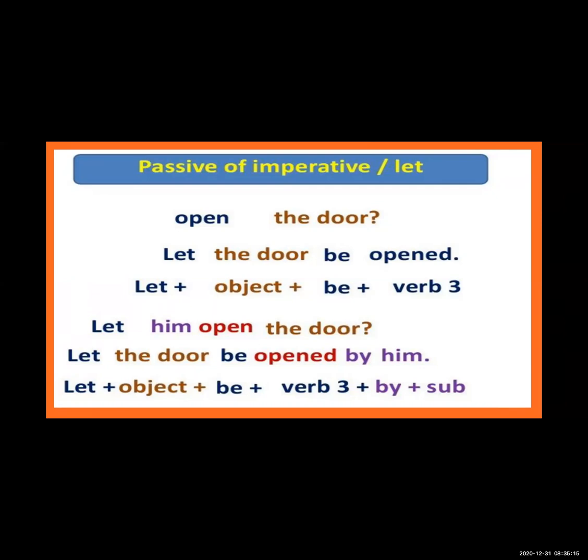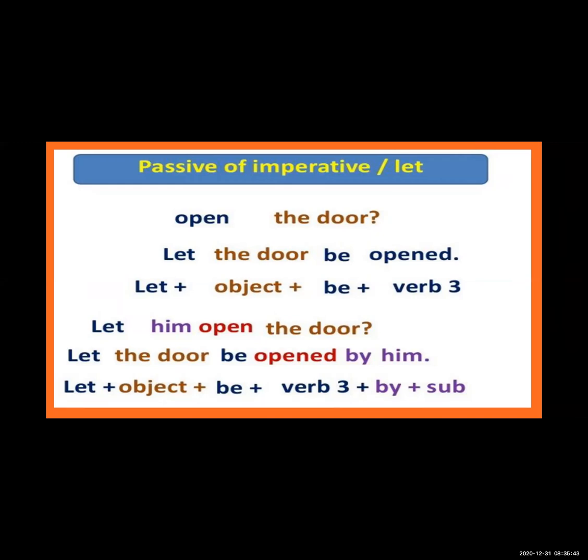We have seen the formula also, let plus object plus be plus verb 3. The next one, let him open the door. Let him open the door. Now how we will convert this sentence? Now again see here, let will be there as it is. Let the door, again take the object first.